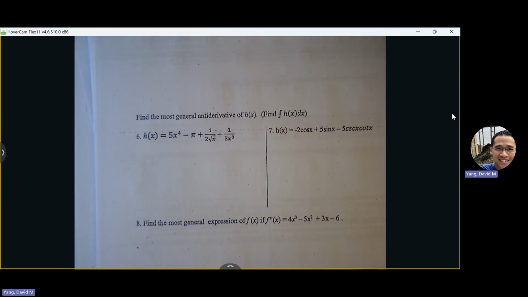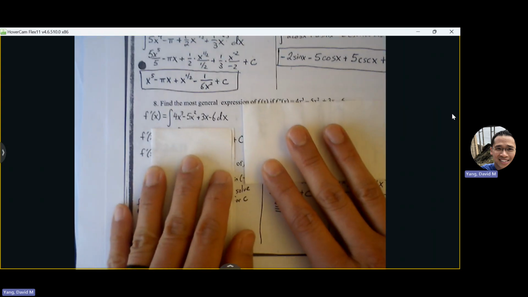Okay. So to indicate that we are going to take the antiderivative, we'll put integral notation around it to show what procedure we want to do.